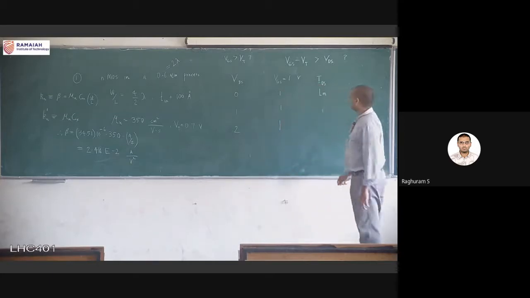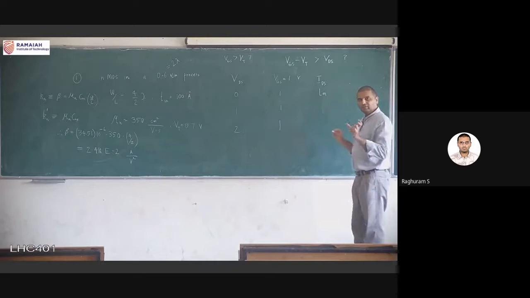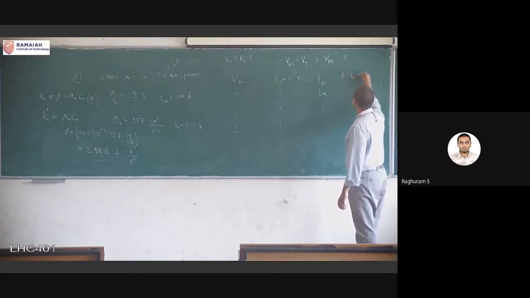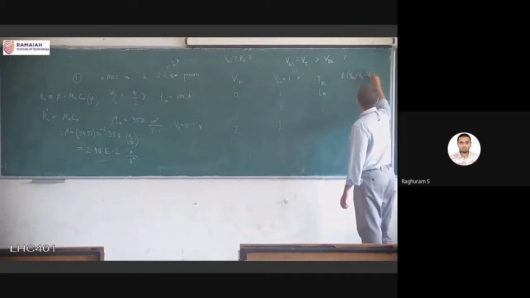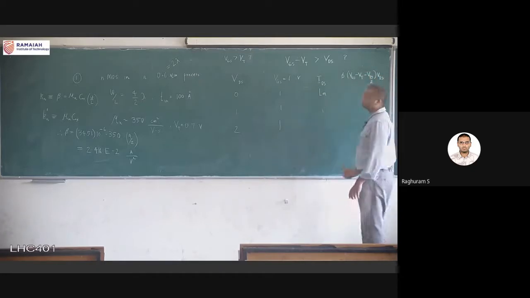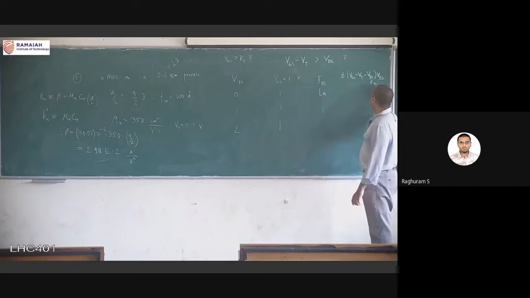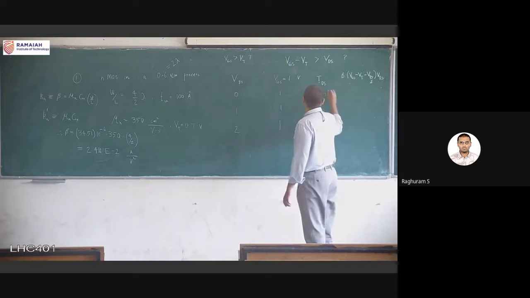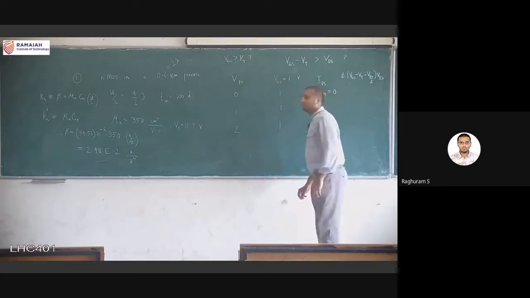Since it is in linear mode of operation, we have the equation for current, which is beta into VGS minus VT minus VDS by 2, the whole into VDS. This is the current equation. But since VDS is 0, the whole thing will become 0 amperes.